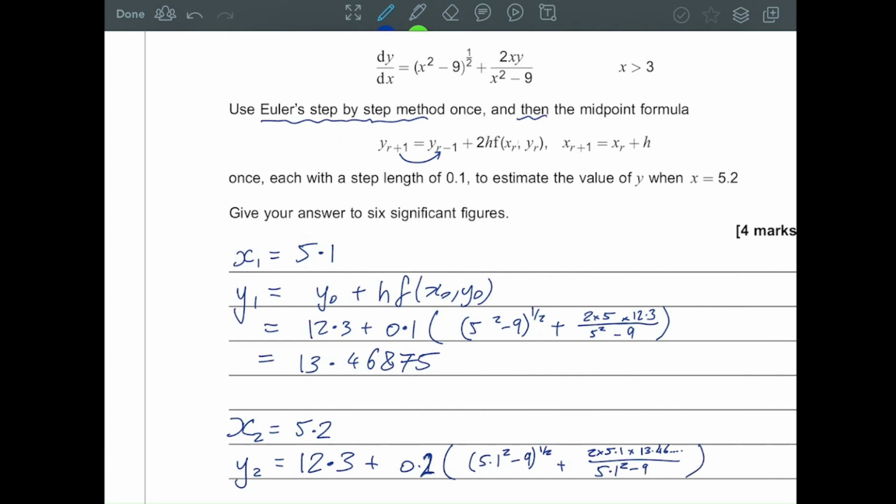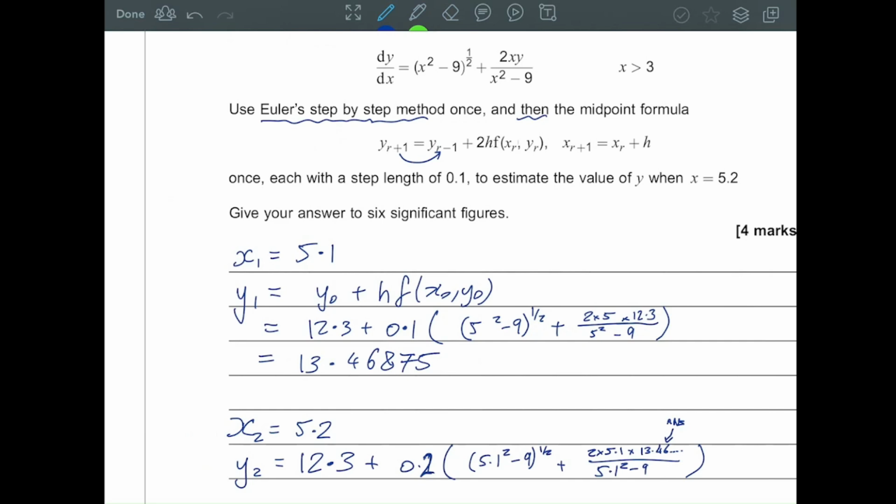And here I'm going to use the answer function so that I don't need to type that in whole. It is going to be an unpleasant thing to type in, but we will manage. So now I've got the 5.1 squared minus the 9 square rooted plus an excessive number of brackets, put the answer in there, over 5.1 squared minus 9.